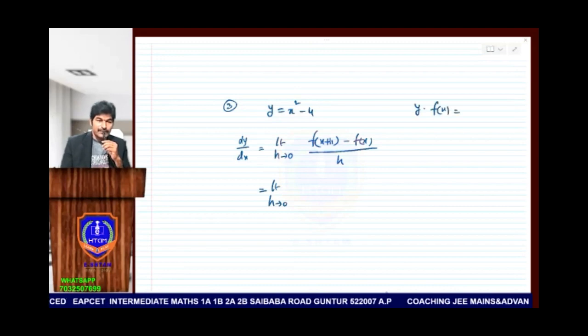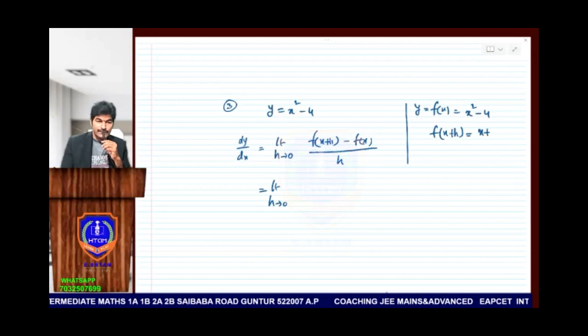Here we are taking y as f of x, which is x square minus 4. And then you have to define f of (x plus h) by replacing x with (x plus h). So then it becomes (x plus h) whole square minus 4. Understood? Okay.